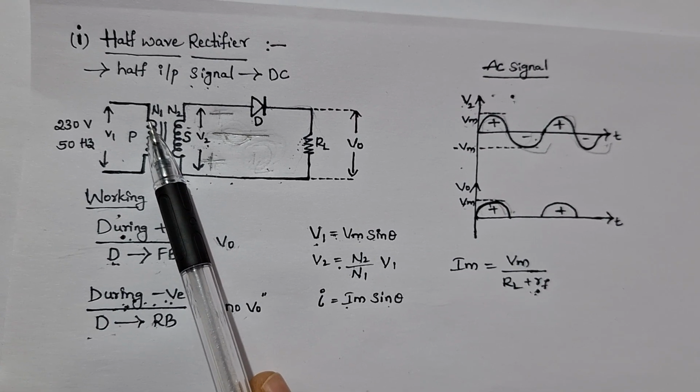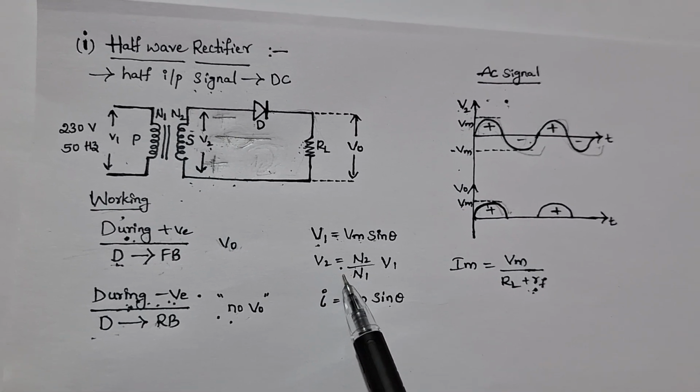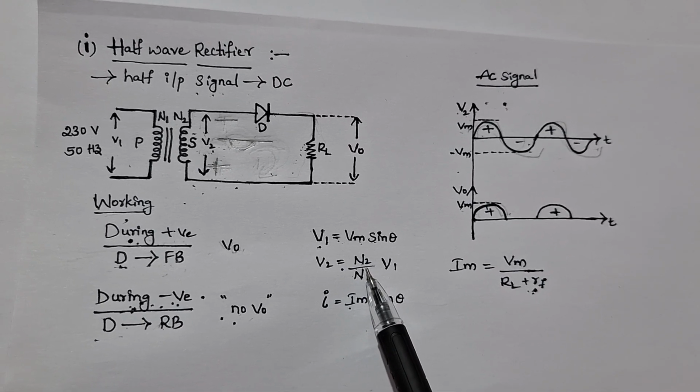Here the transformer will act as a step down transformer if the number of turns N1 is greater than N2.